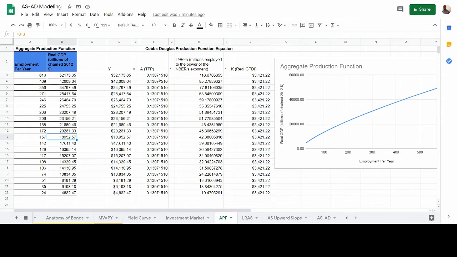So in this tab, you can see that I've actually broken out the equation, the most common equation used for an aggregate production function, which is the Cobb-Douglas production function equation.